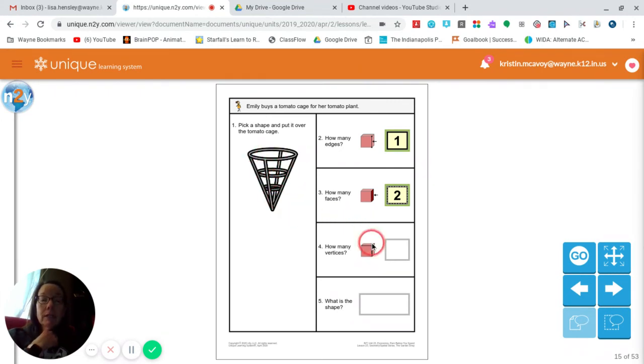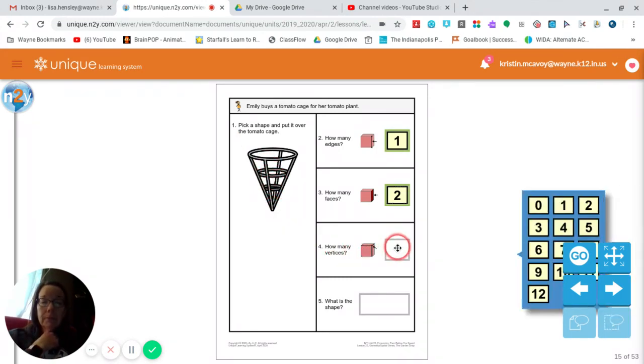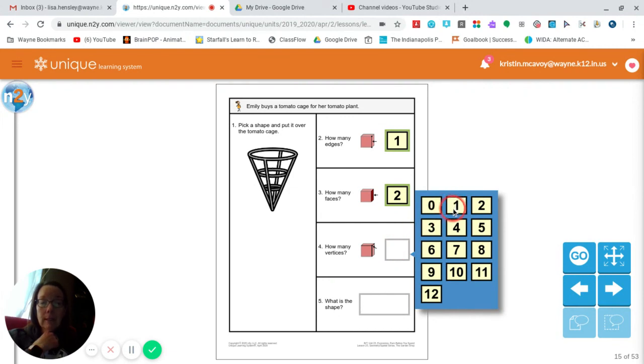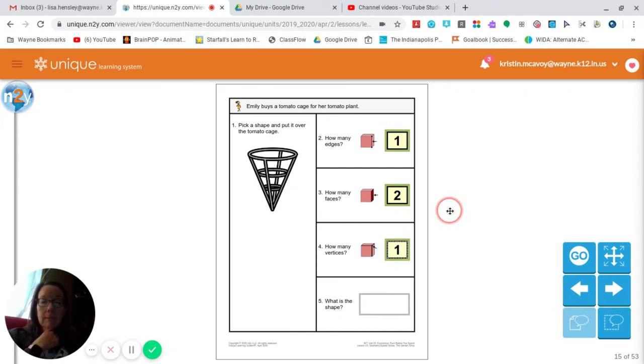Okay, how many vertices does it have? Where do you see a point? Just 1, right there, where all of those edges meet. Where the one edge that goes all the way around, it all comes together right here to one vertex. 1.